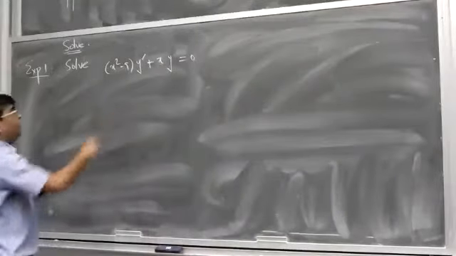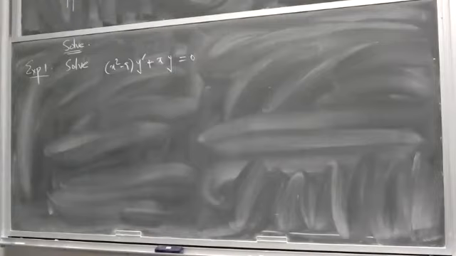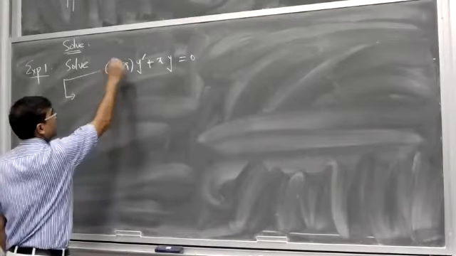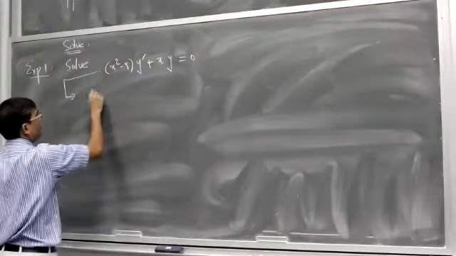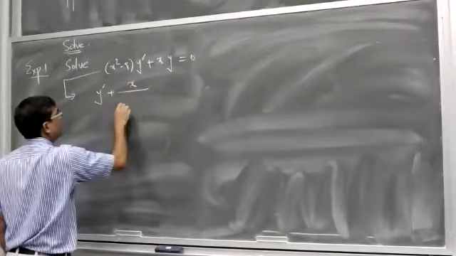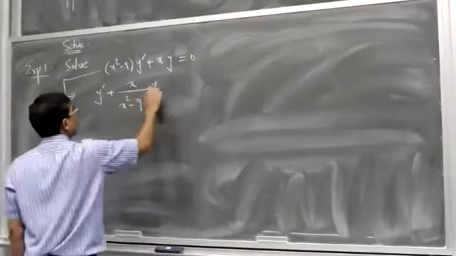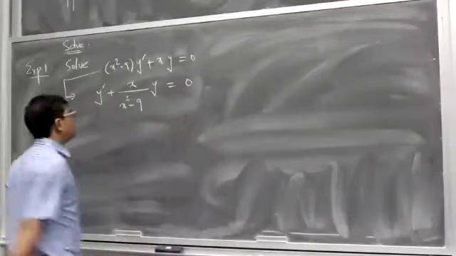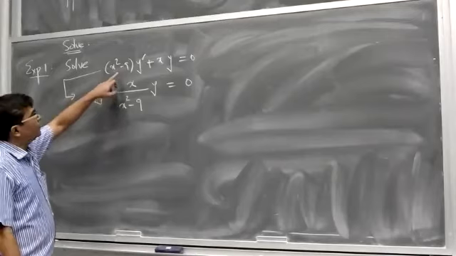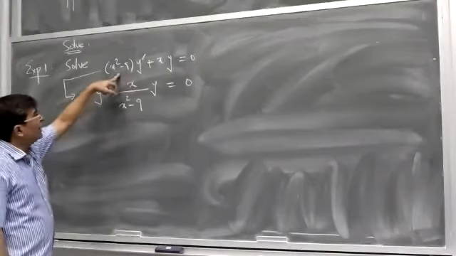Now, this is not in the standard form, it is in the general form. First, we have to convert it into standard form by dividing with this factor. So what do you obtain here? y dash plus x over (x squared minus 9) y is equal to 0. But you have to be very careful.